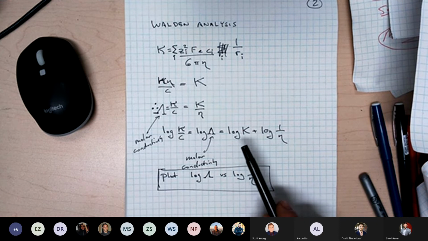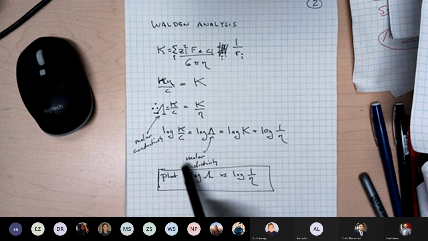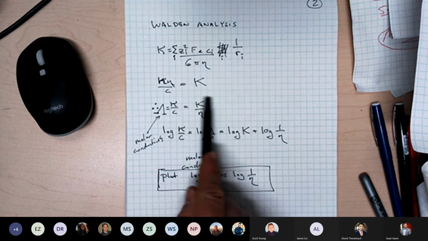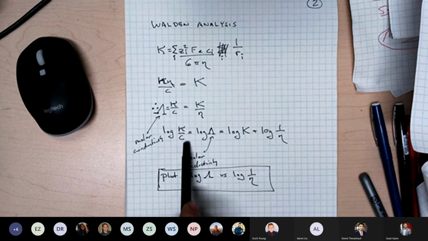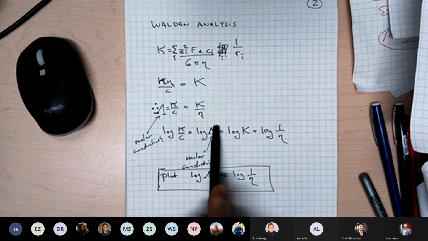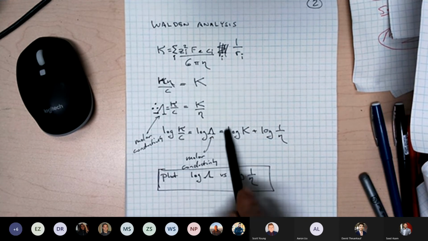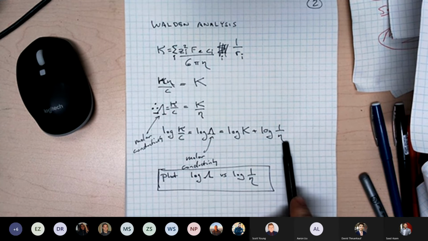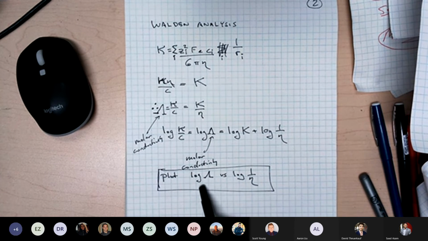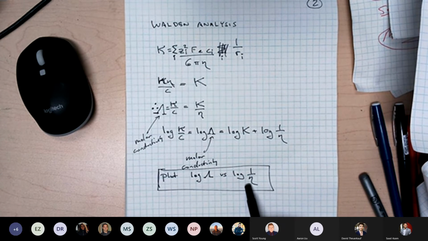But what is common in this Walden analysis is you take the log of this equation, you take the log of the molar conductivity, and that's equal to the log of this constant plus the log of 1 over the viscosity. And you plot the log of the molar conductivity versus the log of 1 over the viscosity.